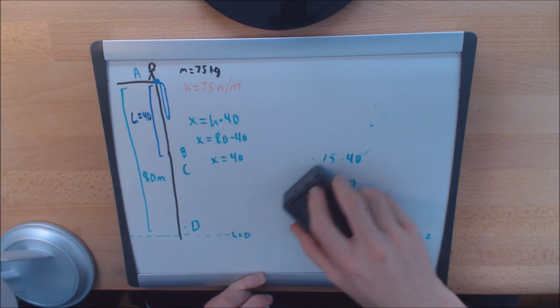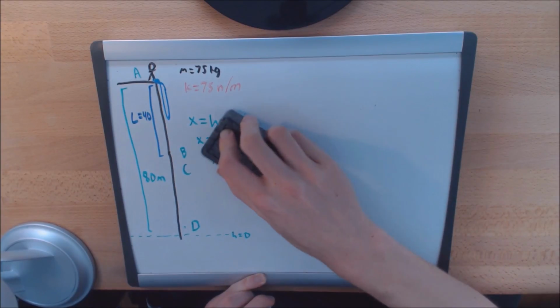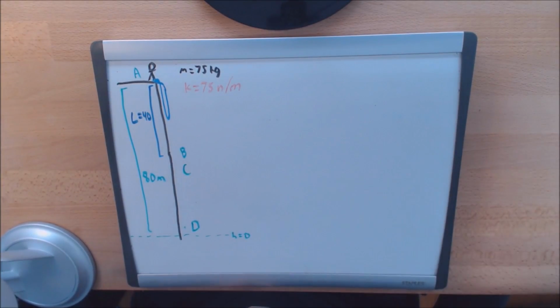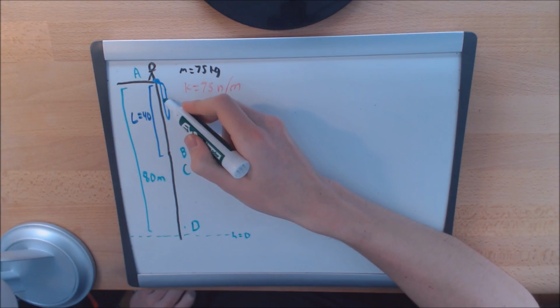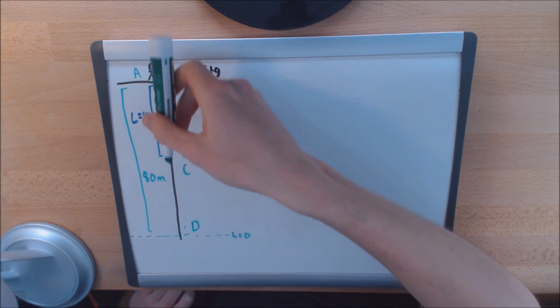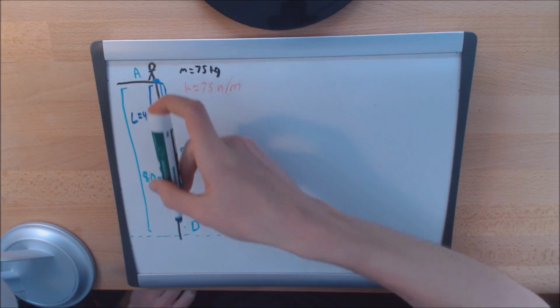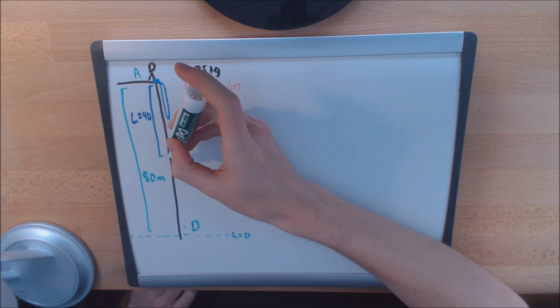Our next question is dealing with maximum speed. So this is interesting, because if we think about our speed, he's going to be accelerating this way, and his velocity is down, accelerating.